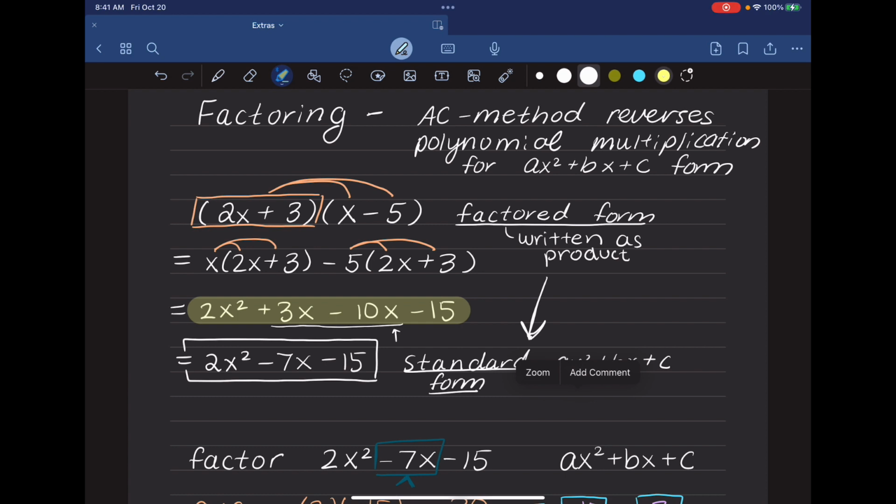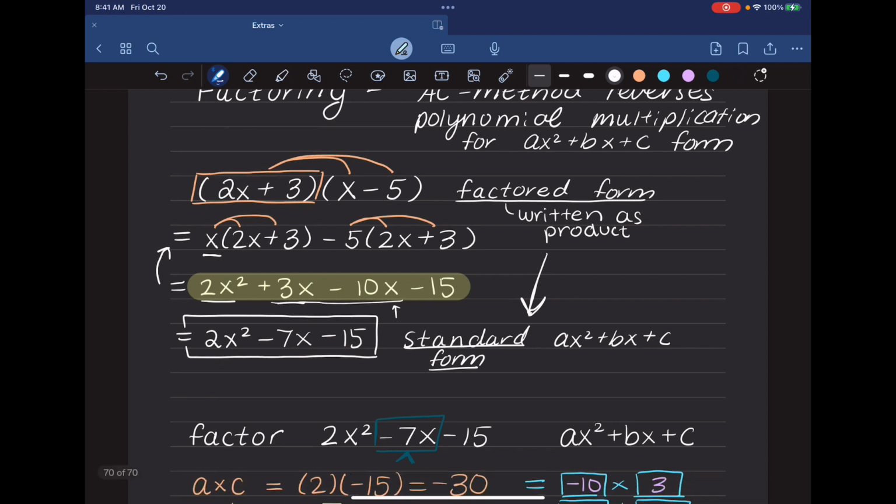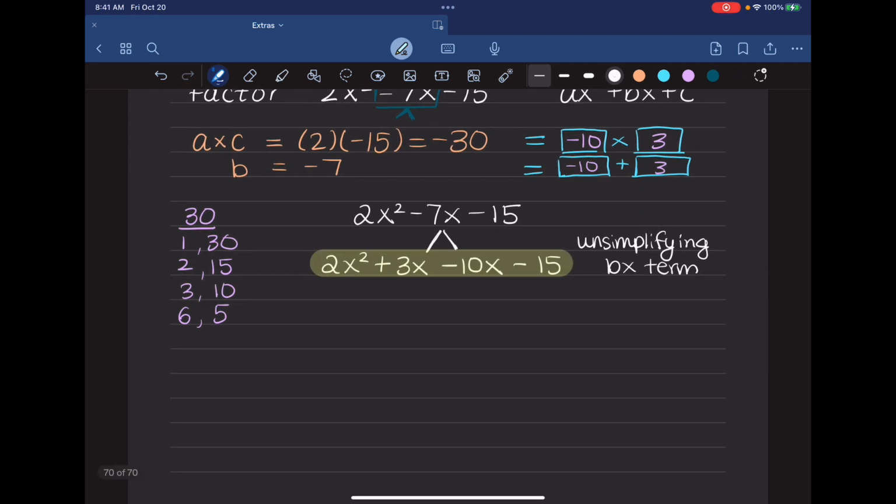Well, to go from this step to this step, we're going to factor out this x from my 2x squared and my 3x, right? So I'm going to factor by grouping. So I'm going to look at this 2x squared plus 3x, and I'm going to ask, what can I factor out? Well, there's no common factors apart from 1 of 2 and 3. And then with x squared and x, I can factor out an x. So I get 2x plus 3.